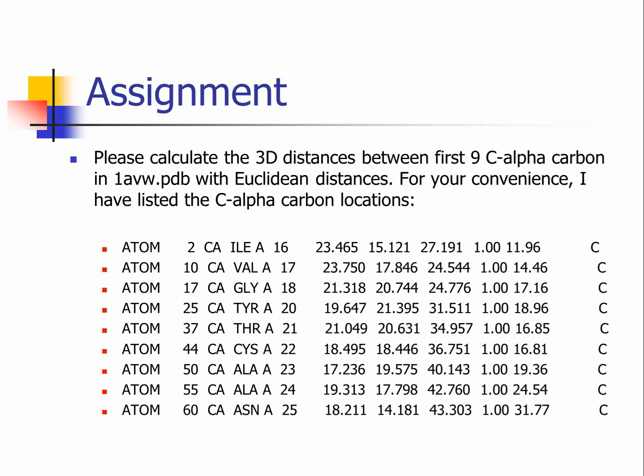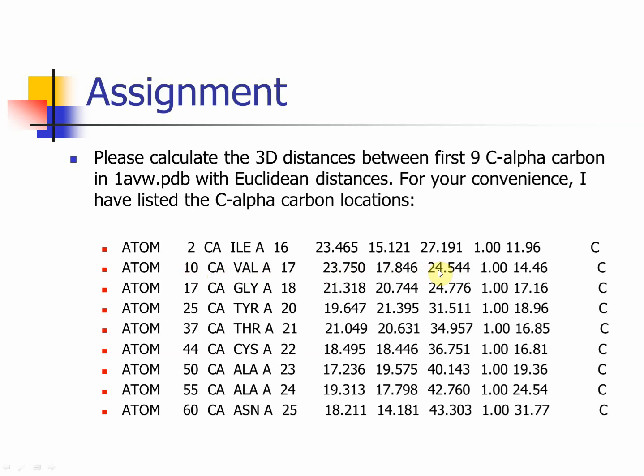To make sure you are doing it correctly, I have listed out the first 9 positions of the C-alpha carbon. You can see that the first atom is the C-alpha carbon, the first amino acid is ILE, and it has its three-dimensional coordinates over here. The next amino acid is VAL, and its C-alpha carbon is located at this X, Y, and Z location.